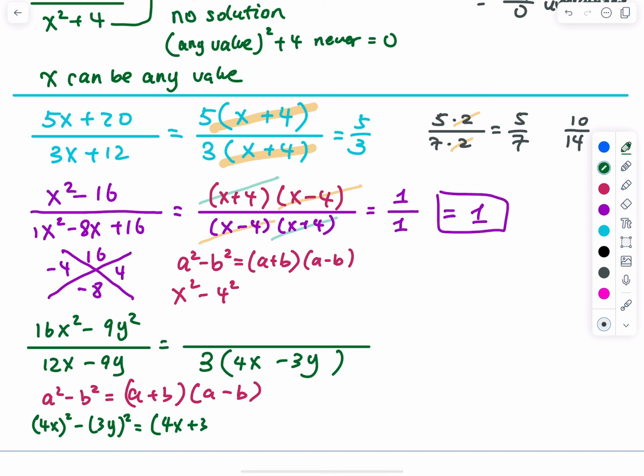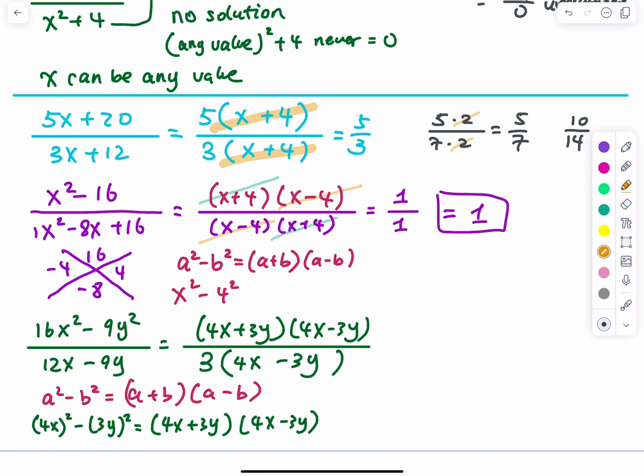Then you have 4x plus 3y times 4x minus 3y. That's why they designed the problem in this way. Do you see that? So you can get rid of the 4x minus 3y with that.